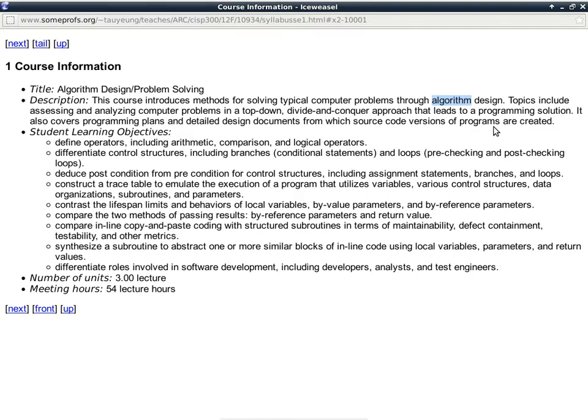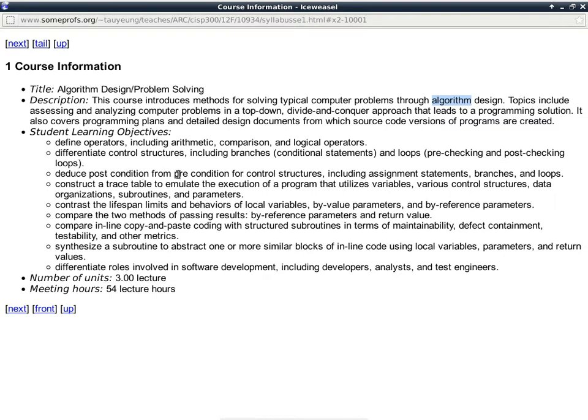That's just the description. And then the student learning outcomes or student learning objectives, they tell you what you can expect to be able to do after the completion of this course to a certain degree. You can define operators, differentiate control structures, and that definitely you will be able to do.